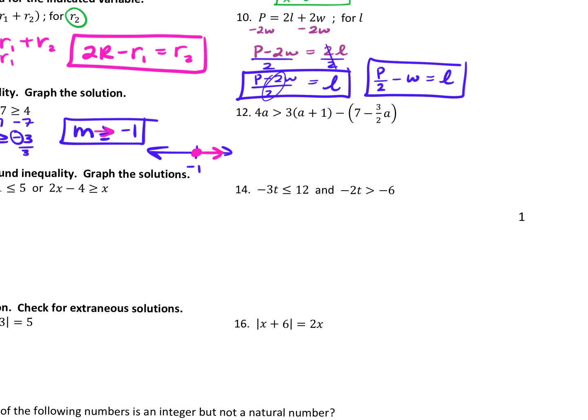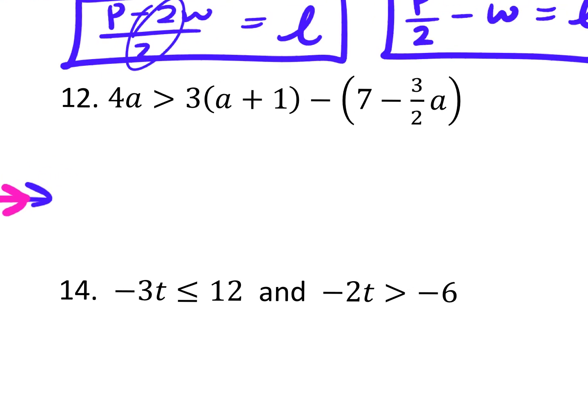Okay, number 12 is a little bit fancy here, but that's okay. You've got this. So I would probably distribute the 3. So 4a is greater than 3a plus 3. And then I would distribute this negative.